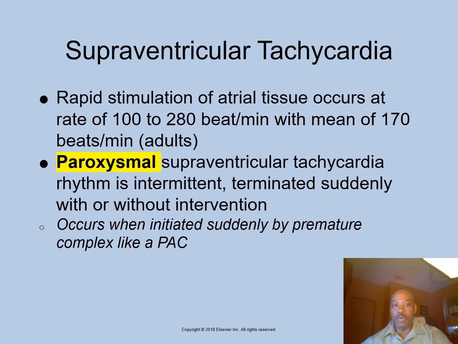They may do vagal maneuvers such as pressing on your eyeballs. They may tell you to bear down and hold your breath, and that usually lowers your heart rate as well. These maneuvers induce a vagal stimulation of the cardiac conduction system, and so it affects the SA and the AV node, but it is a temporary intervention, so they really need to think of something more long-term with these patients.